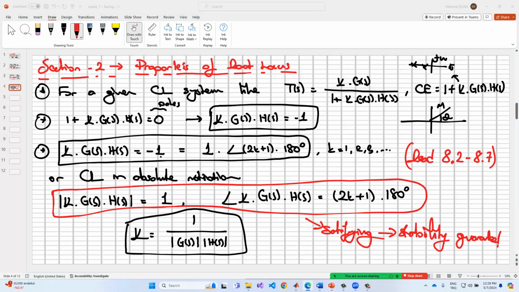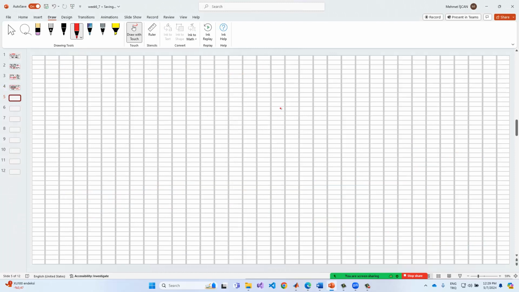So what is the meaning of this angle and the magnitude values in here? First, we can graphically analyze these concepts.